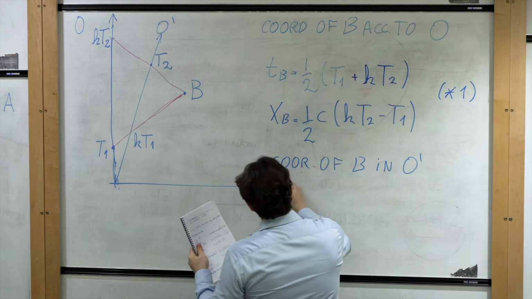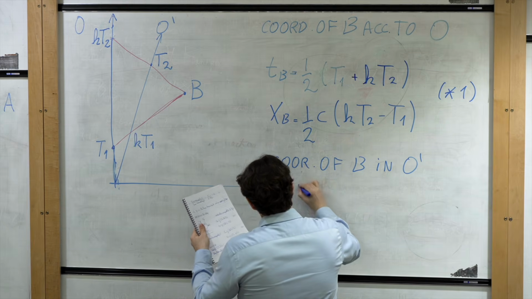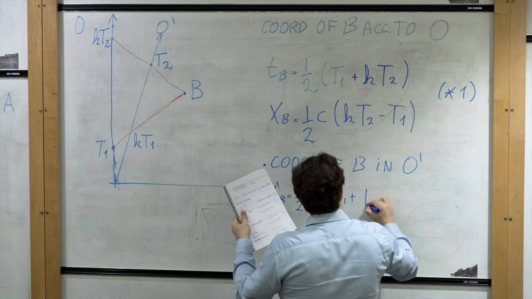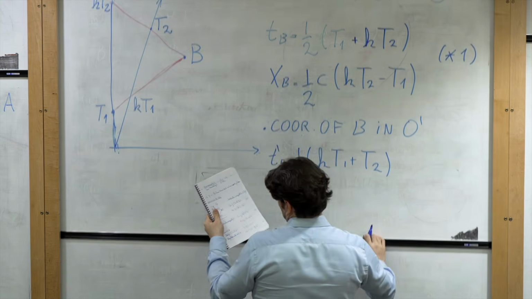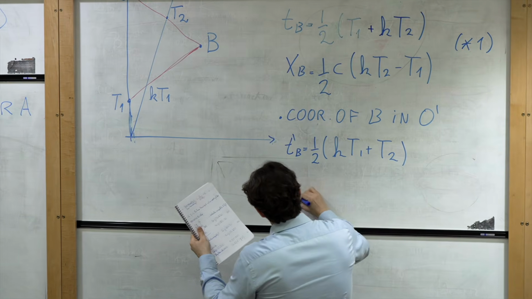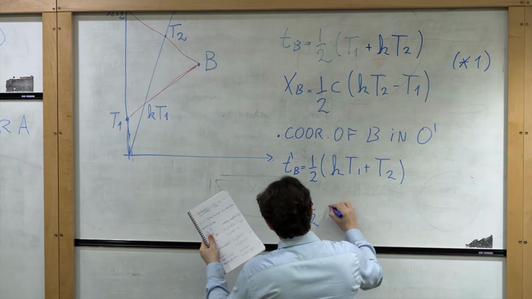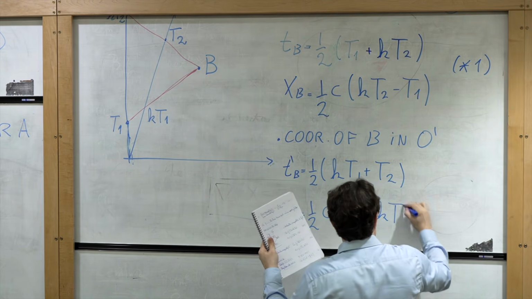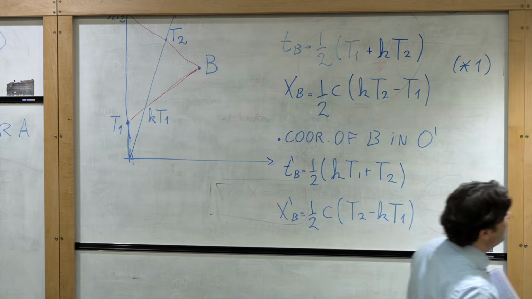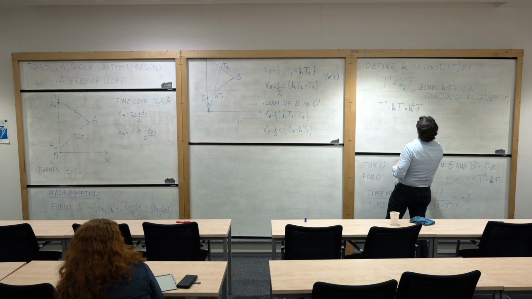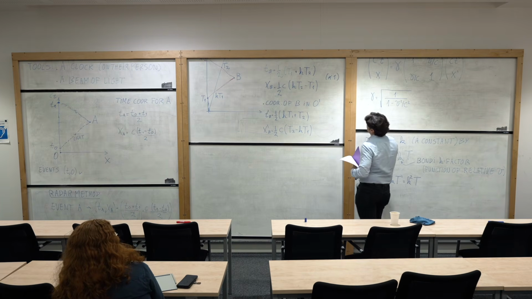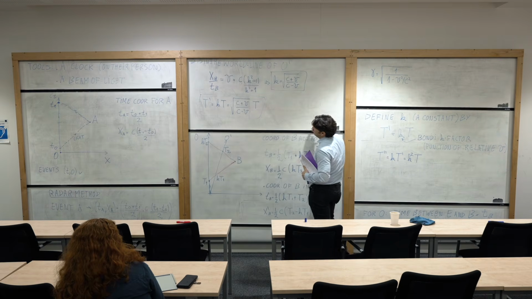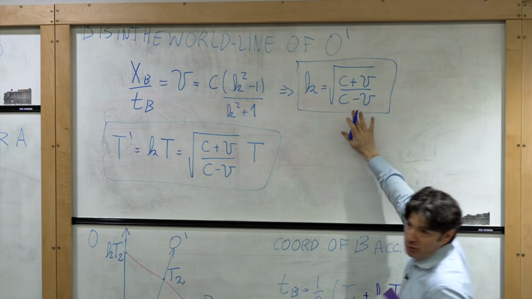So T prime B is equal to 1/2 of K T1 plus T2, and X prime B is 1/2 of C times T2 minus K T1, okay? Where K is equal to this here, so yeah, with this formula for K, okay?